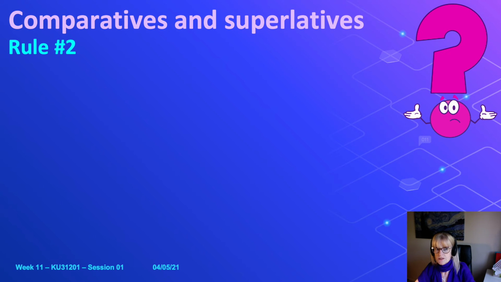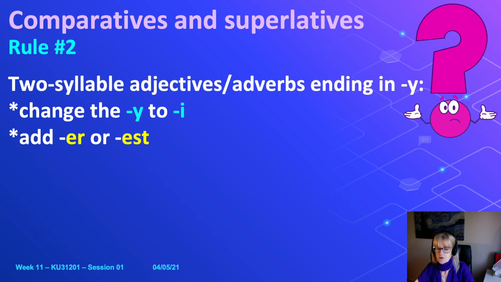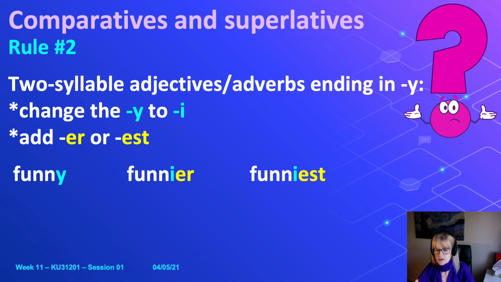Our second rule is for two-syllable adjectives that end in Y. So that would be words like funny that we already used. So when it ends in Y, we have to change the Y to an I, and then we use the same rules. We add ER or EST. So let's look at our example again.